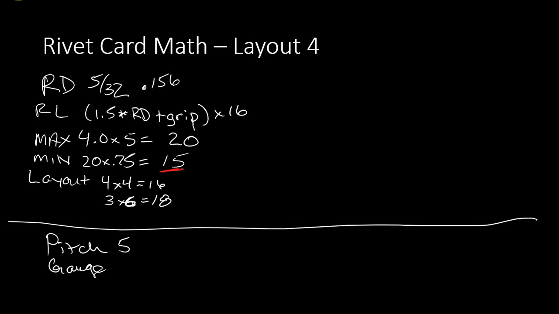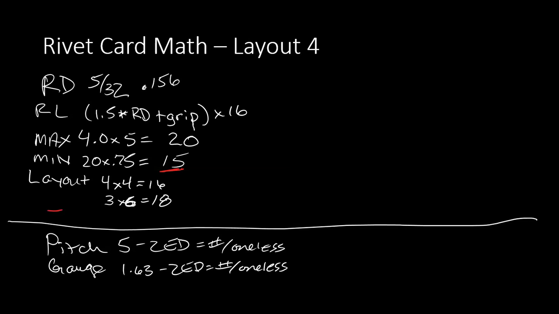And then you're going to do the same thing with pitch and gauge. You're going to take the 5 inches minus 2 ED equals some number, divide by 1 less. Same thing with gauge, except it's 1.63 minus 2 ED equals some number, divide by 1 less. The only thing you might want to know ahead of time is about edge distance. This is the only one where it matters.